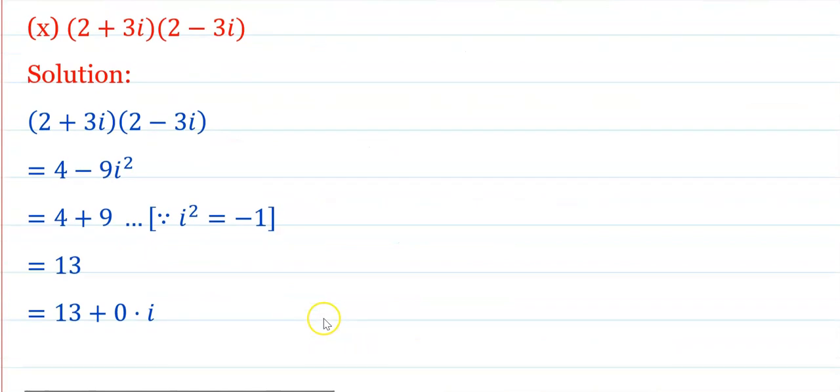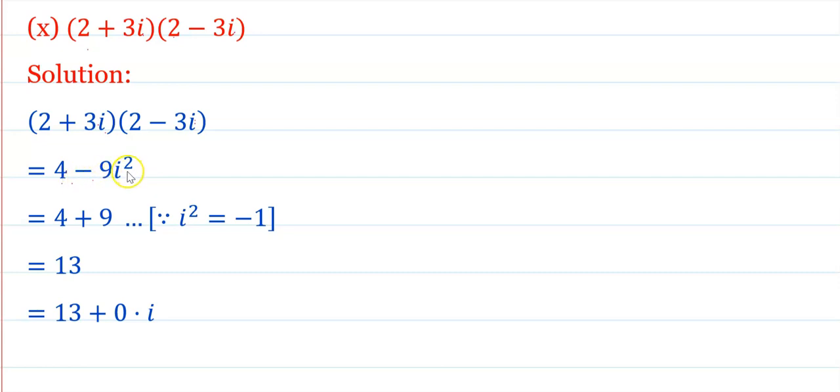Now the next problem. Problem number 10. In first bracket 2 plus 3i into second bracket 2 minus 3i. दोन्ही conjugate आहेत एकमेकांचे. 2 plus 3i into 2 minus 3i. Then you are getting a plus b, a minus b, a square minus b square means what? 2 square minus 3i square means what? 9i square. i square is minus 1.